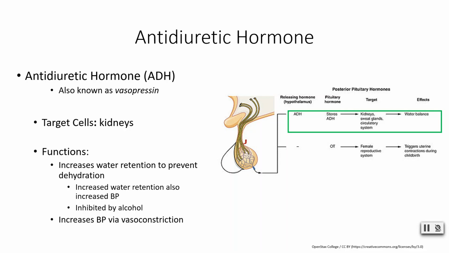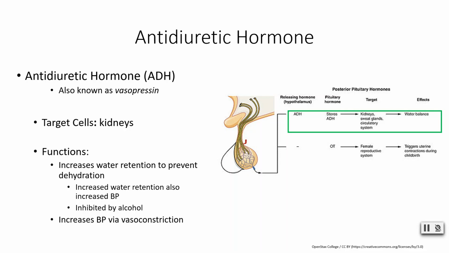ADH is inhibited by alcohol. If you are familiar with the effects of alcohol on the body, one of the common side effects of alcohol consumption is the need to urinate frequently. That comes from the inhibition. We are inhibiting that antidiuretic hormone, so instead of retaining that water, we are now expelling that water via urine.